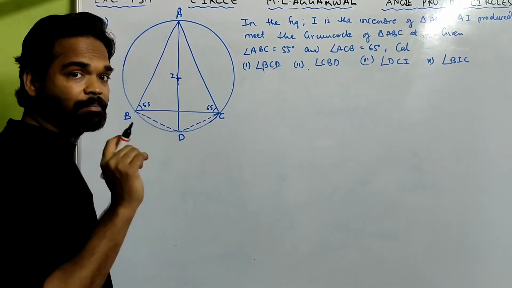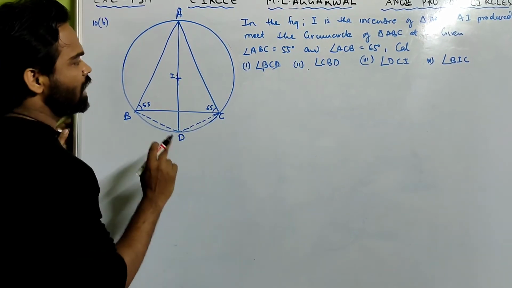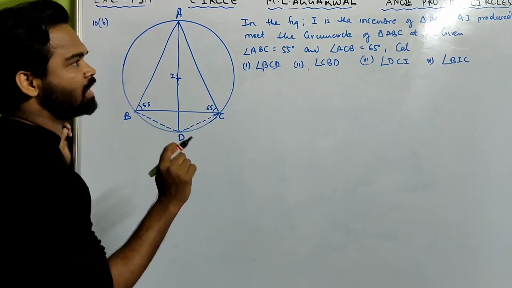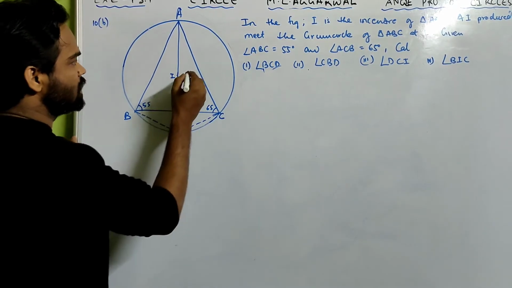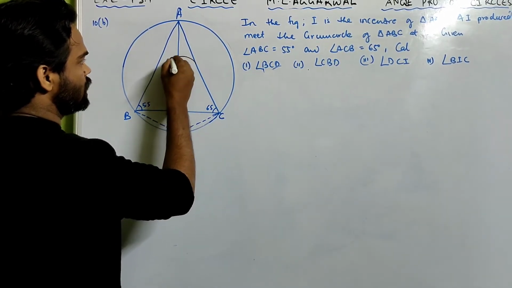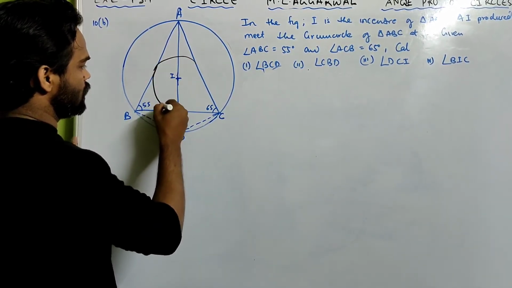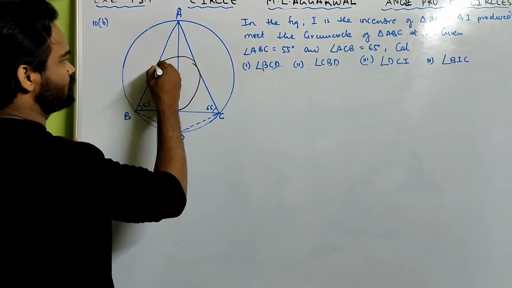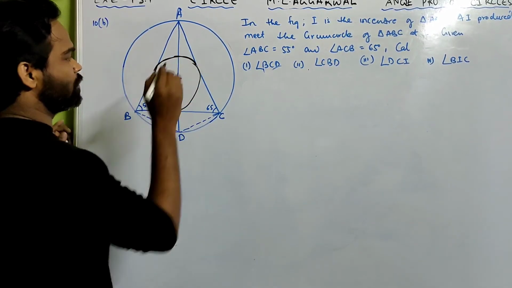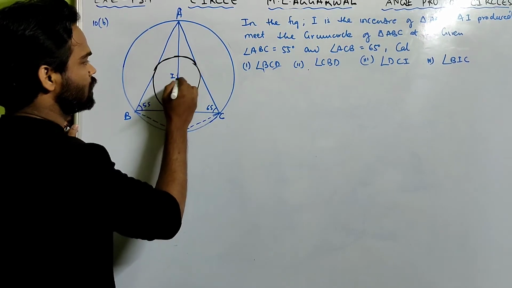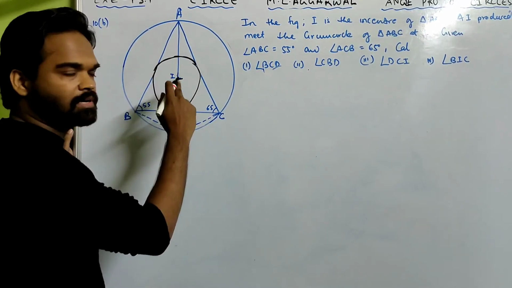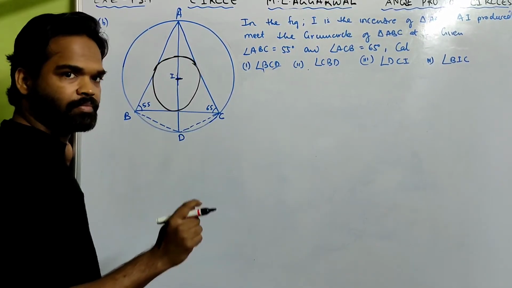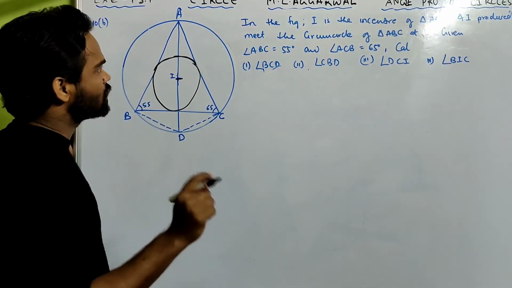Done. Okay. Now let us look at the next sum. Now look at this sum, 10 part B. In this figure, I is the in-center of triangle ABC, which means if I draw a circle with I as the center, I know it's not perfect, but still, it touches the three sides of the triangle.